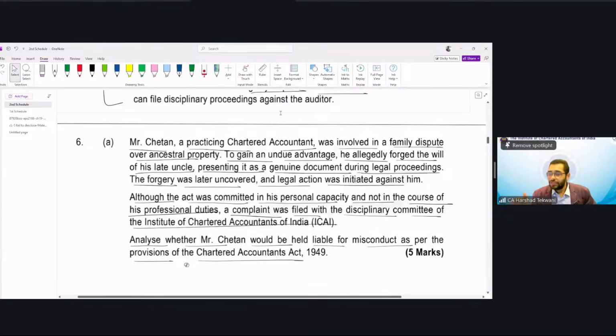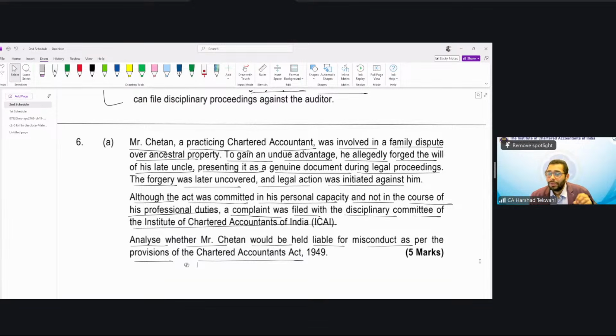So read the question for a minute, and then tell me, do you think Mr. Chetan would be liable in this scenario? What do you think? He committed certain acts in his personal capacity, not in the course of professional duties. A complaint was filed, but here he was not performing any professional duty.